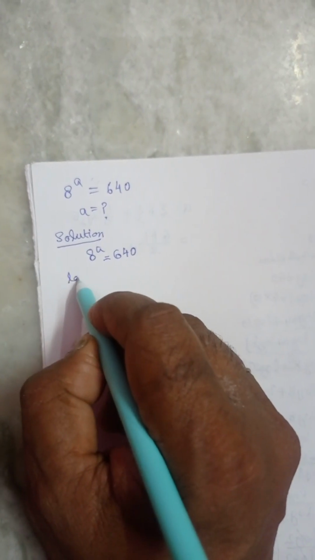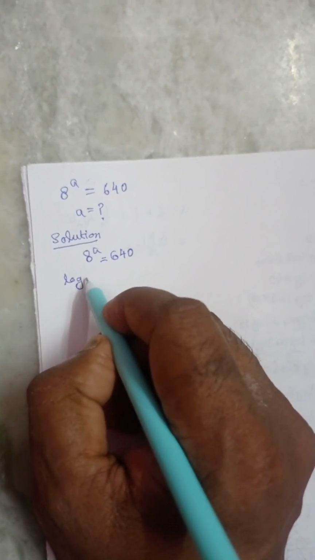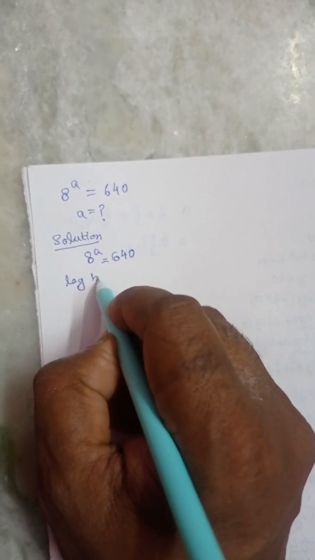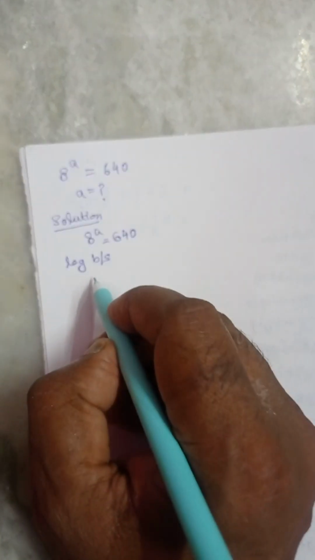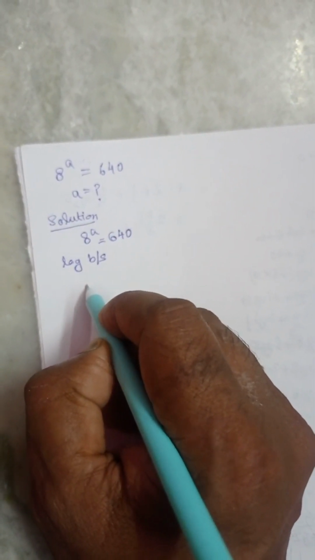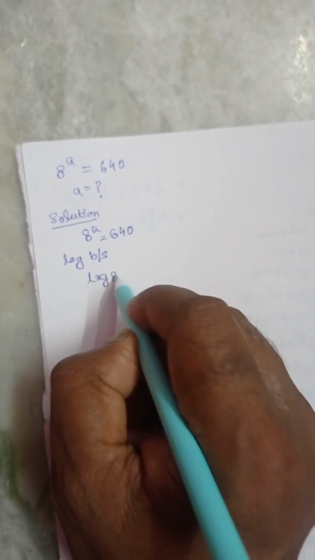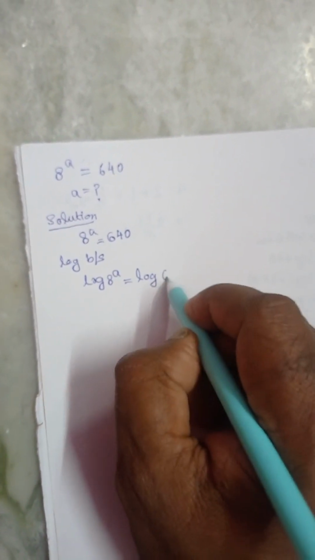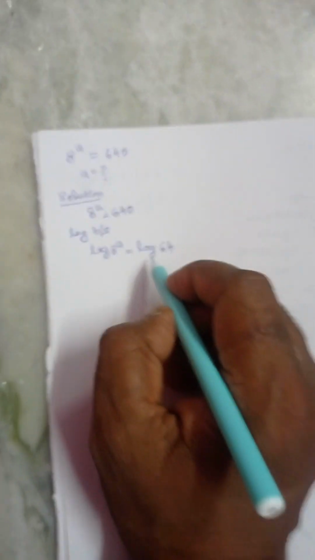Now we are taking log in both sides. So we will get log 8 to the power a equal to log 640.